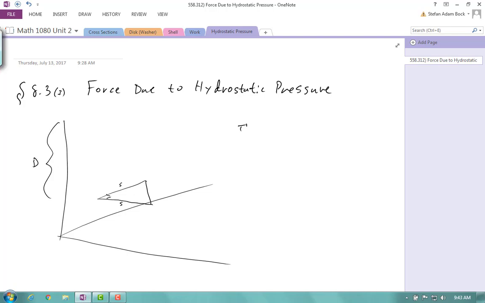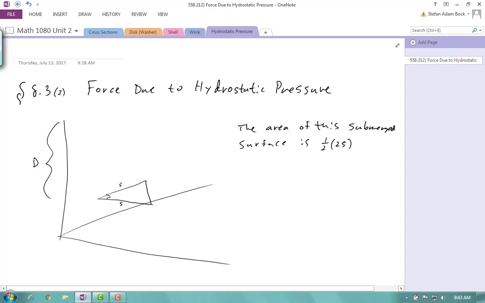So the area of this surface is, let's see, I gave that side lengths of 5, so it's 1/2 of 25, and we'll go ahead and say that that is in meters. So since it's at a certain depth, there is essentially a column of water sitting on top of this surface.